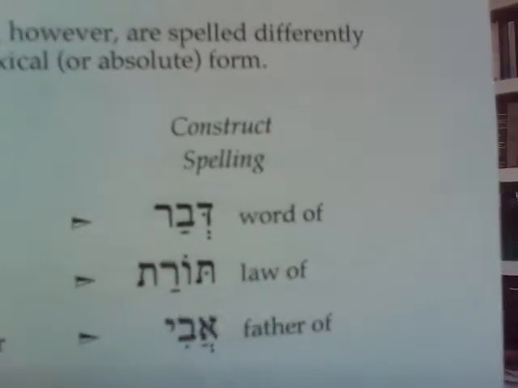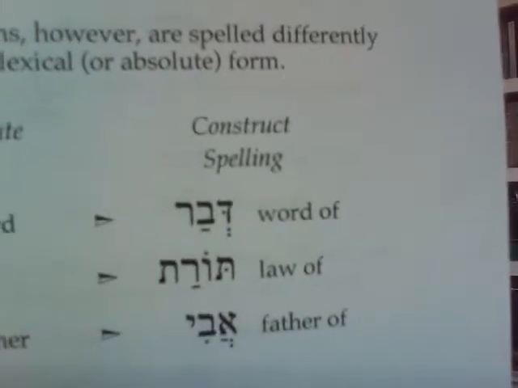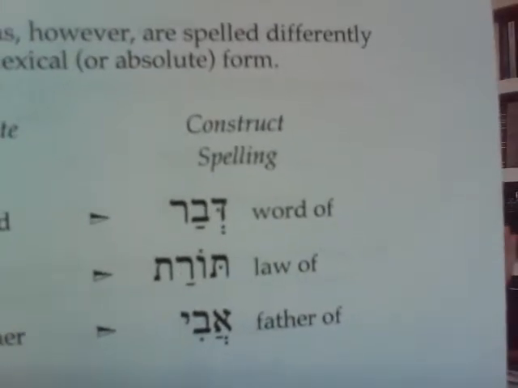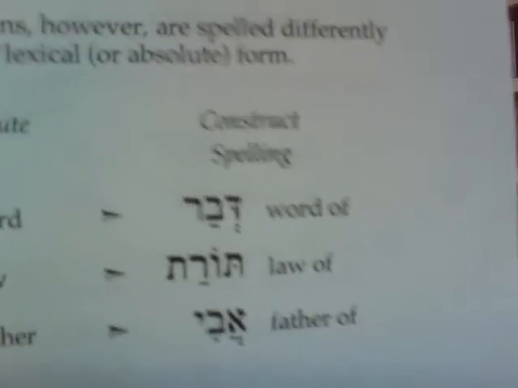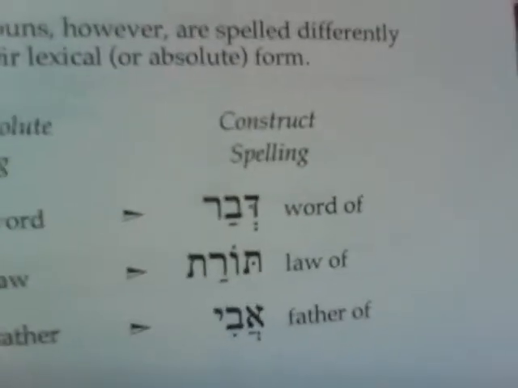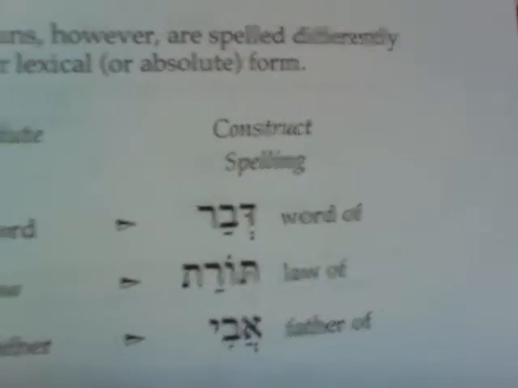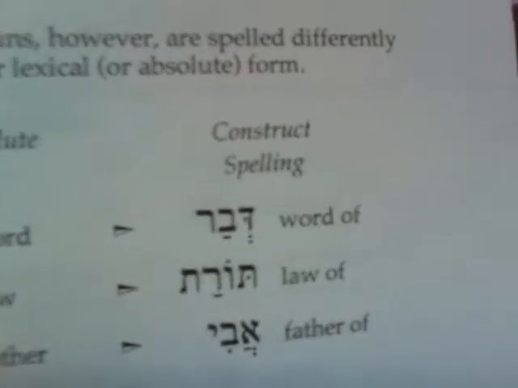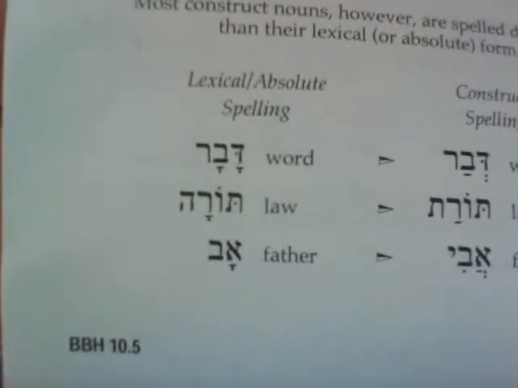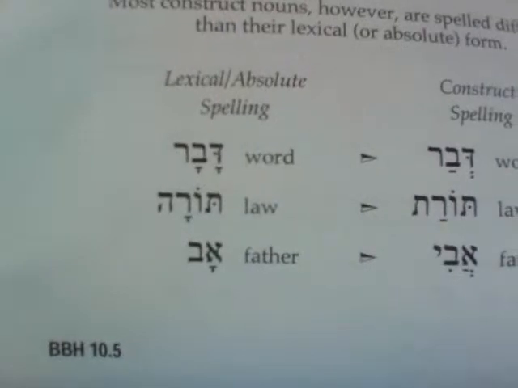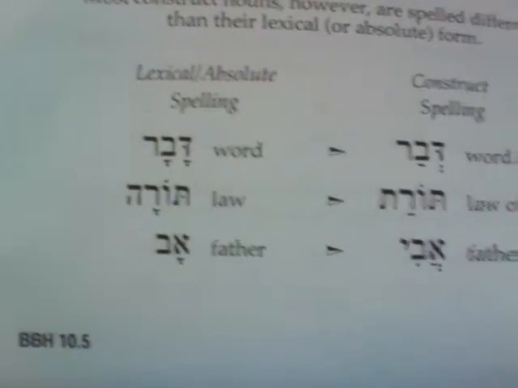So basically what you're going to see is that the absolute noun is going to want to take the long vowels, and the construct noun is going to want to take the vowel that's as short as possible. So what we have here with the lexical is that we have the long A comets and another long A comets.